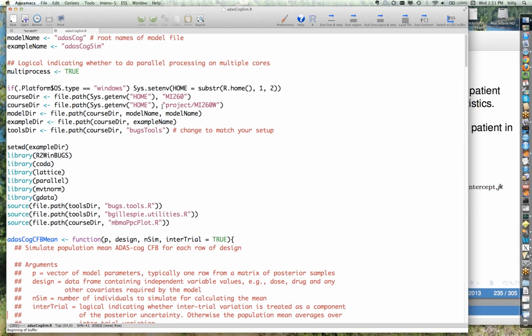There are MCMC samples that we generated using BUGS, and to build our simulations using those, because the idea is we're going to be trying to essentially take the posterior distribution of the parameters, and from that generate samples of the posterior distribution of our predicted values in here. So we're going to be looking at posterior distributions of these population means. So I'm going to have to go back and grab that information.